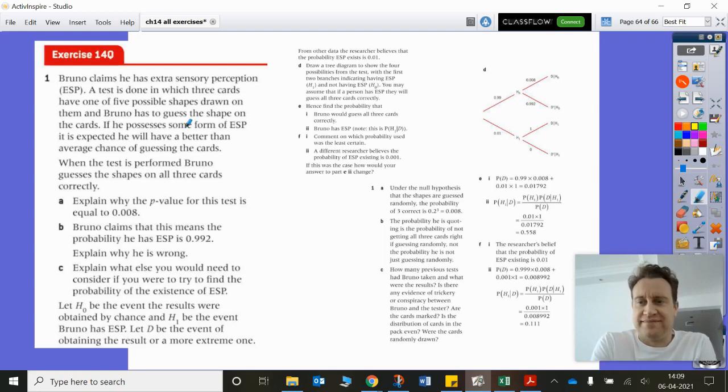So that's done. Now, it says, explain why the p-value for the test is equal to 0.008. So under the null hypothesis of no extrasensory perception, there is a 1/5 chance for each of these cards of guessing them correctly.